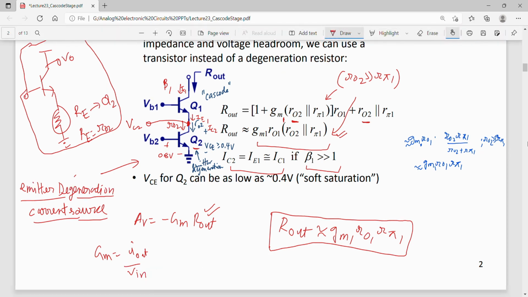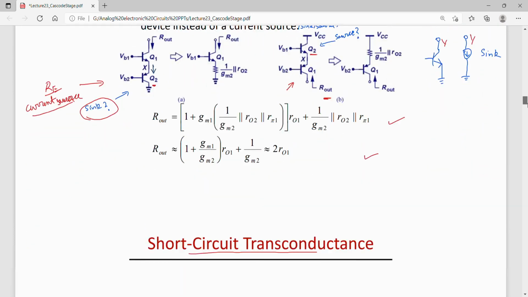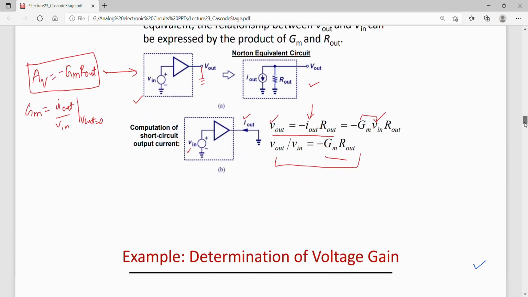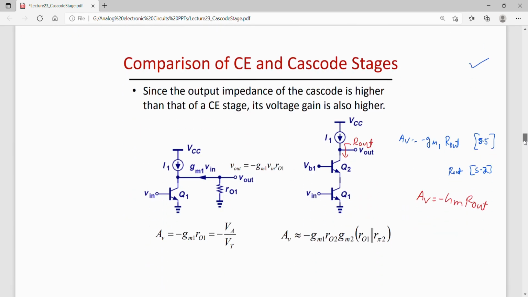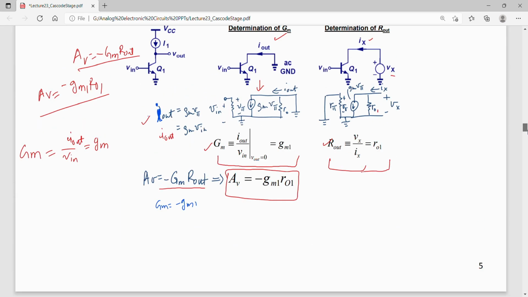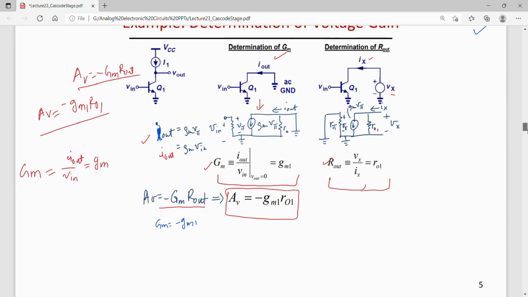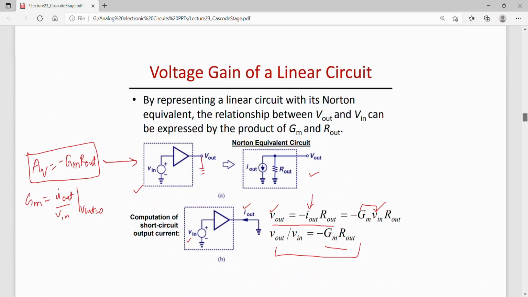And that I out by V in is already found, which is equal to GM1.